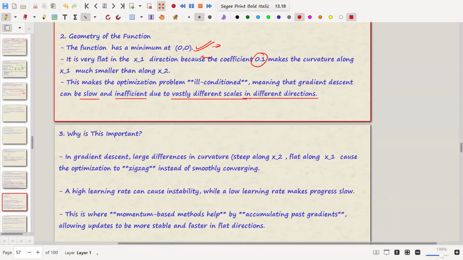So in different directions, if you compute, the gradient will be different. The gradient is at different scales in different directions. So therefore gradient descent is confused where to go to minimize. Therefore gradient descent fails, and you add a component, that is momentum, to it so that it works.